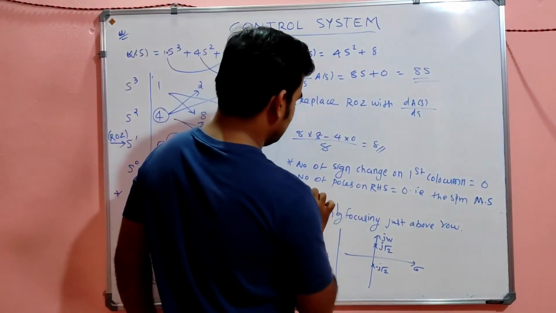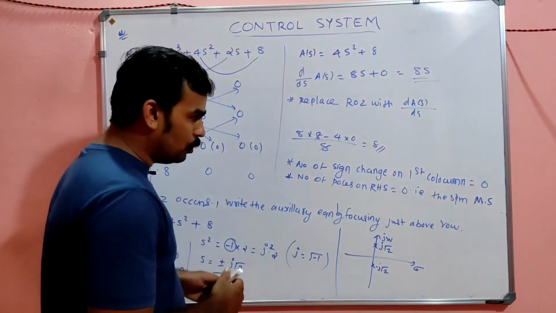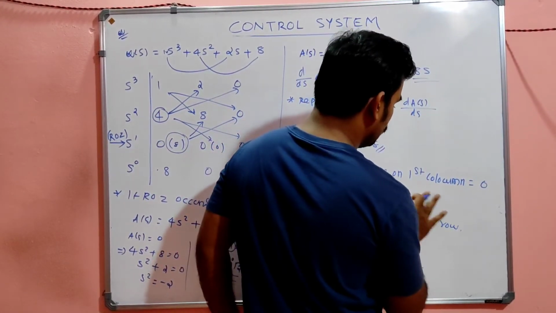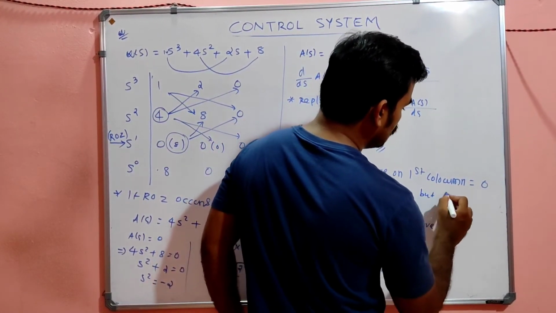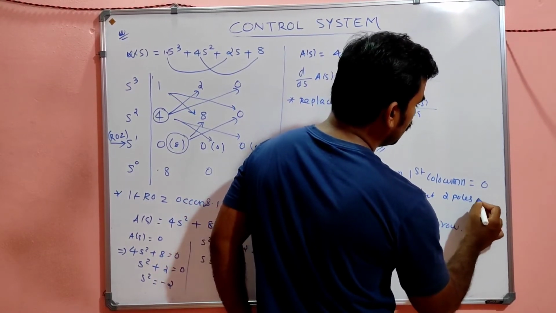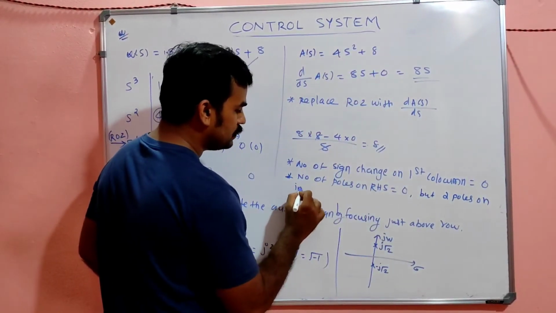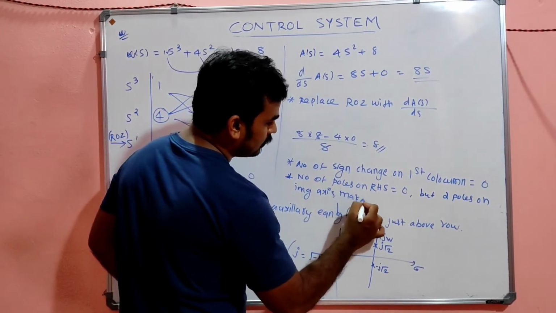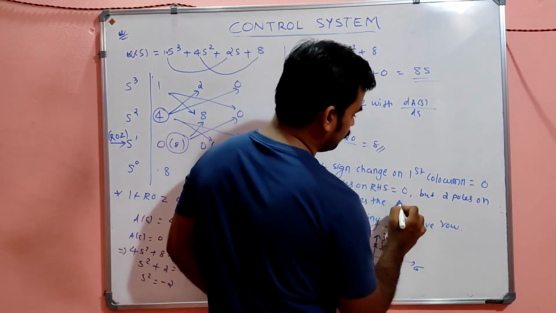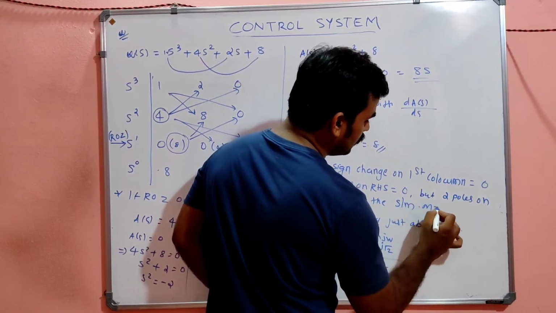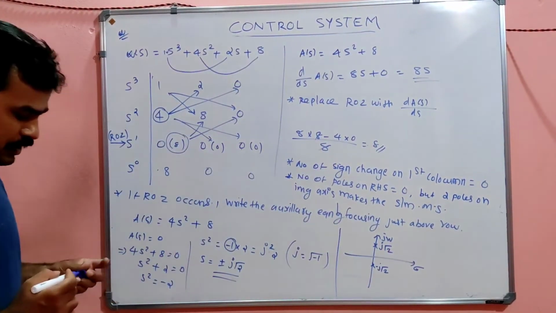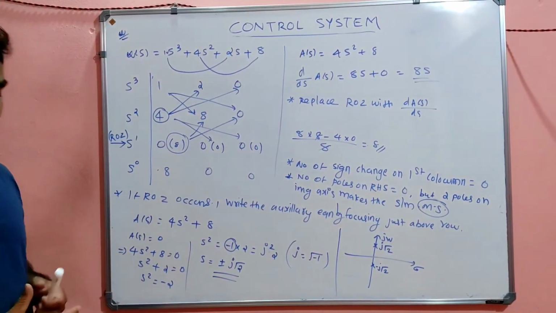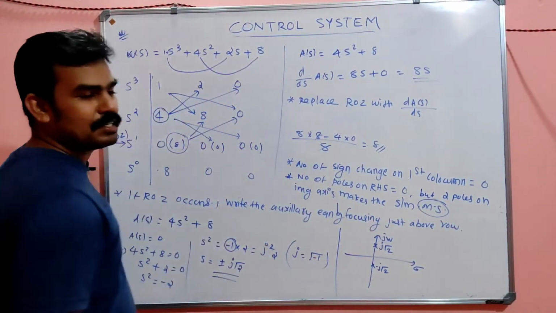So the number of poles on RHS equals 0, but you add one more line: 2 poles on the imaginary axis make the system marginally stable, MS. Because 2 poles are on the imaginary axis.